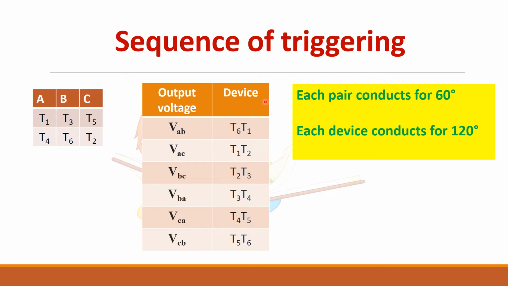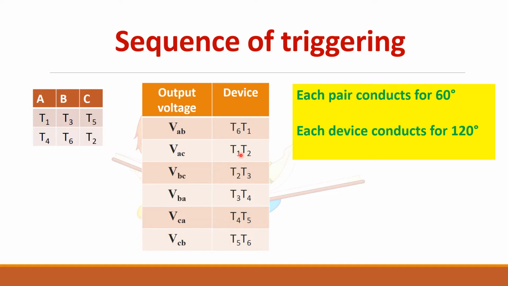So let us draw this table, and this has 6 rows. It means that totally you have 360 degree. 360 divided by 6 will give you 60 degree. So each box represents 60 degree. Initially we are assuming T1 and T6 are in conduction.